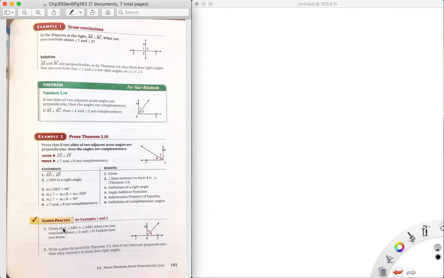It says, given that angle ABC is congruent to angle ABD, explain how you know that 3 and 4 are complementary. I know that 3 and 4 are complementary.